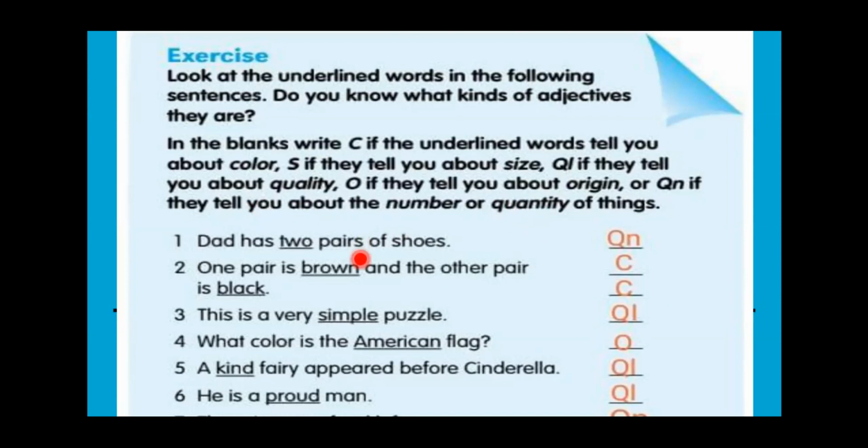Okay, read the first sentence. Dad has two pairs of shoes. Read the answer also. The underlined word two is quantity, QN. One pair is brown and the other pair is black.